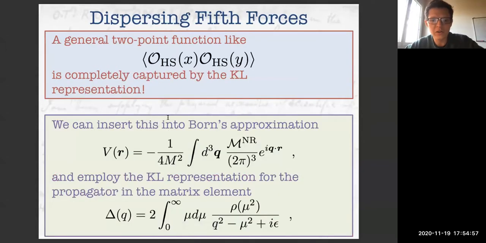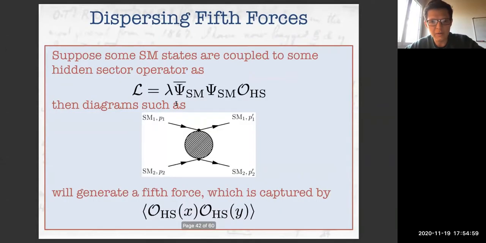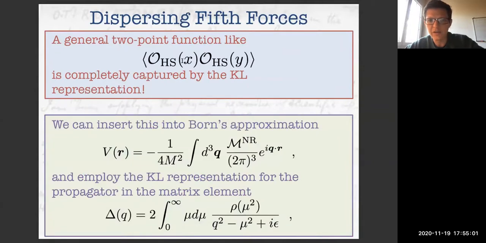No, it's not even that. You can do Källén-Lehmann for a vector. Say you carried vector indices here and here. This would be mu and this would be nu. Then your propagator looks like this, and there's a piece here that goes like g mu nu, and then there's a different density of states.